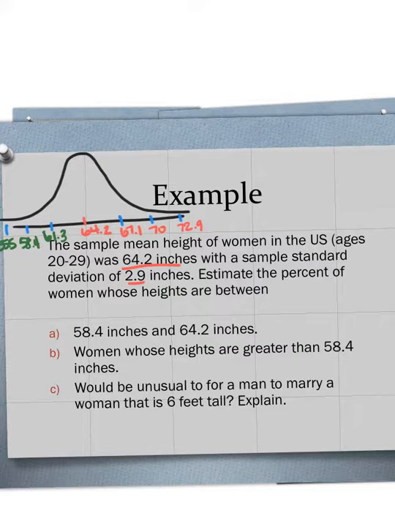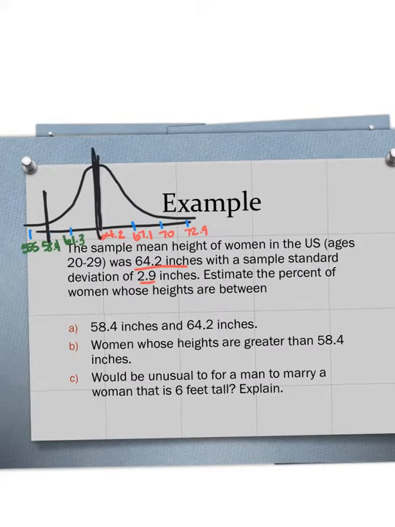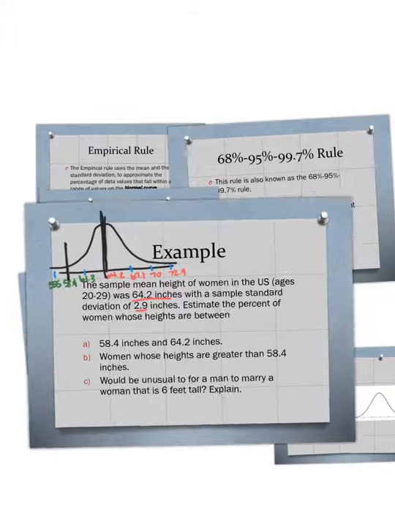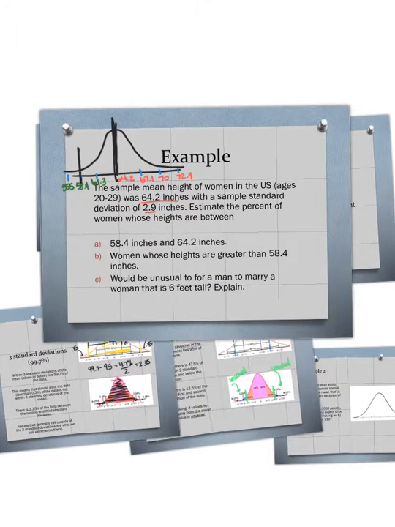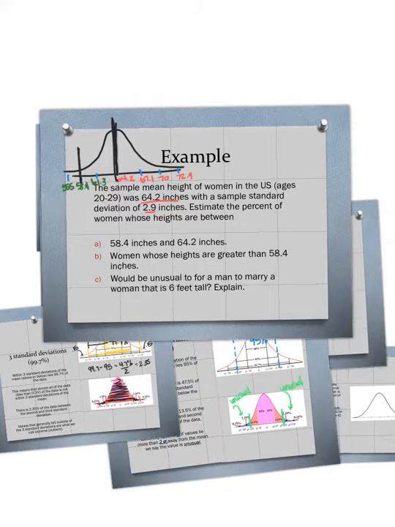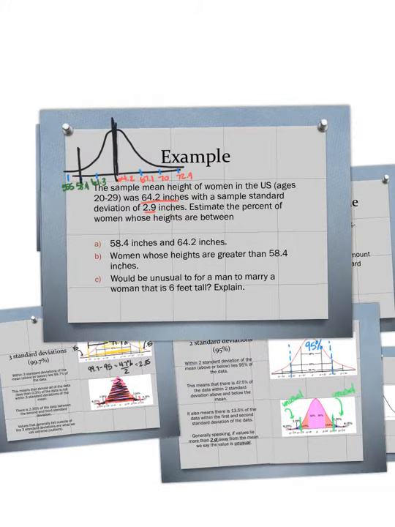Well, we can see that 58.4 inches is here and 64.2 inches is here at the mean. So we want to find this value. Well, we can go back to our other slide that we looked at a second ago. Let's look at this one.